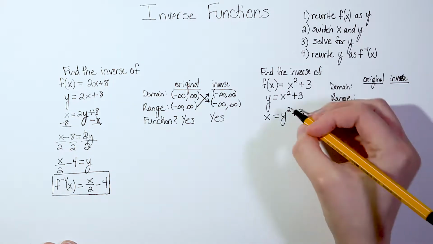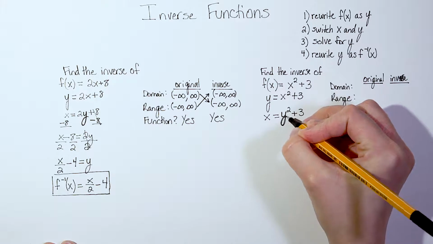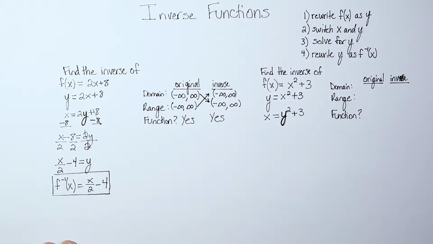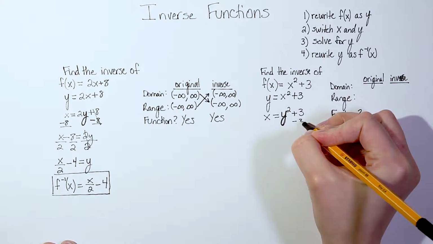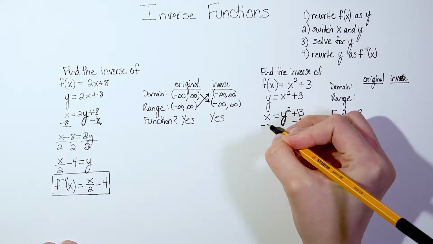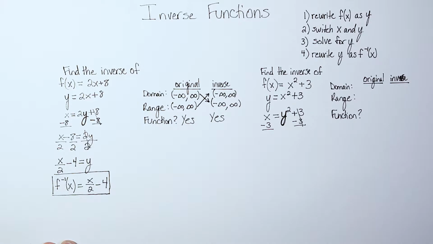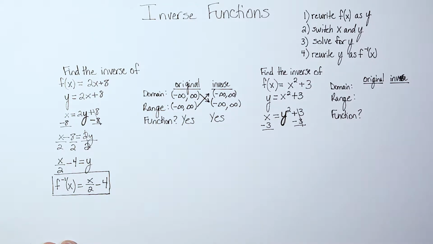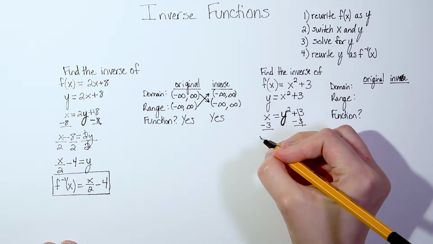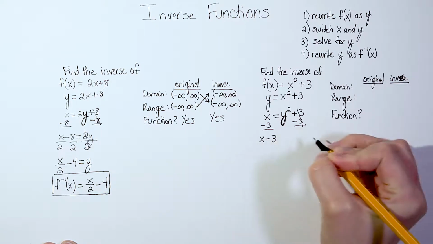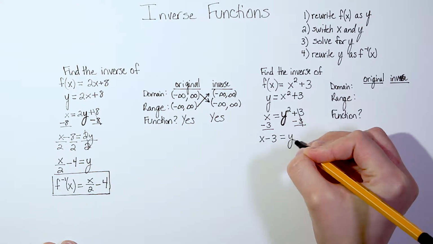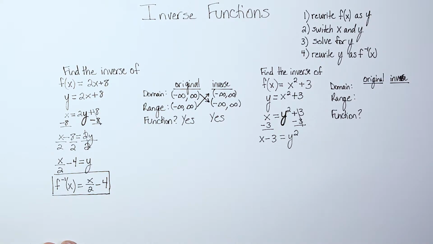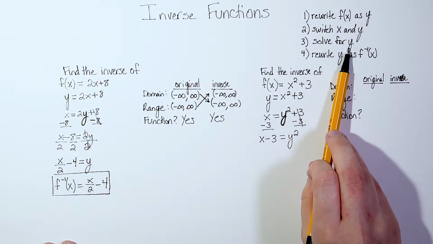Step 3, solve for y. So we've got to isolate this y. And in order to do that, I'm going to use my basic solving rules. So I'm going to subtract 3 from both sides. And this is x minus 3, and I can't combine those, so I'll just rewrite it as x minus 3 equals y squared. Now here's the thing. I don't want to know y squared. I want to know just y.